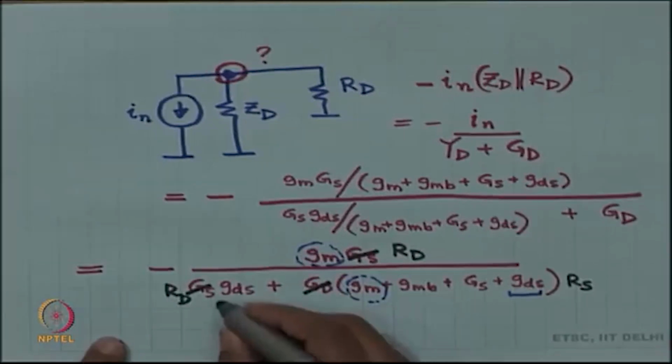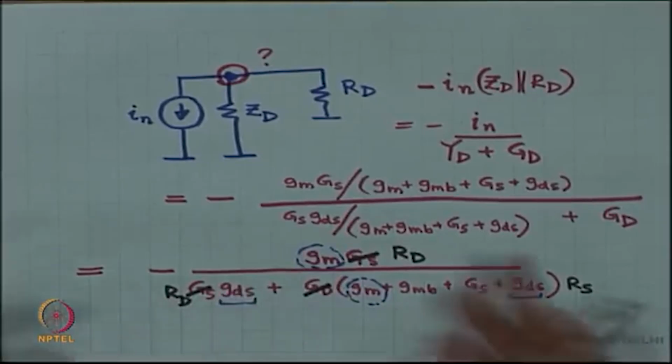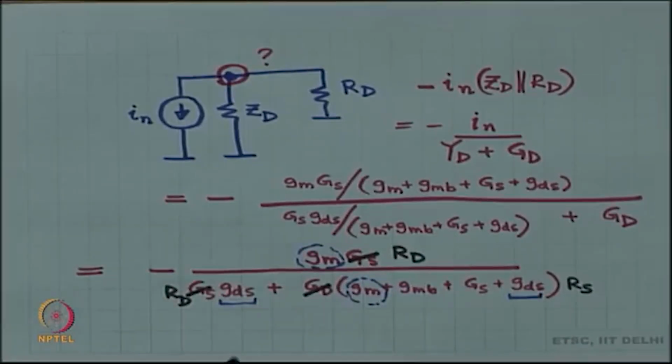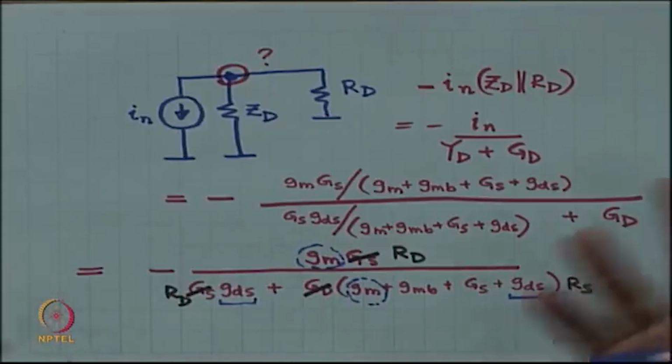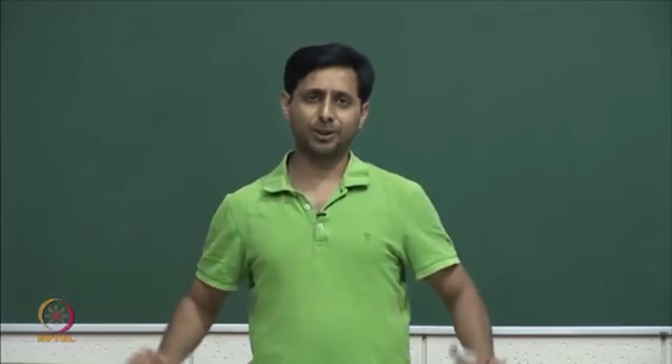This again there is a G d s, although it is G d s times R d, I do not know the relationship between R d and R s, but let us assume that R d and R s are relatively similar resistors. Okay. They might not be 1 k and 1 k, maybe they are 1 k and 5 k, relatively similar, but G d s is much smaller than G m.